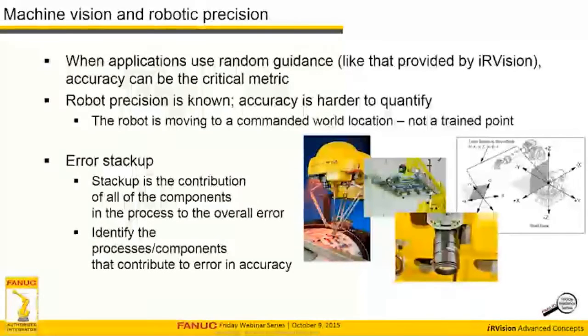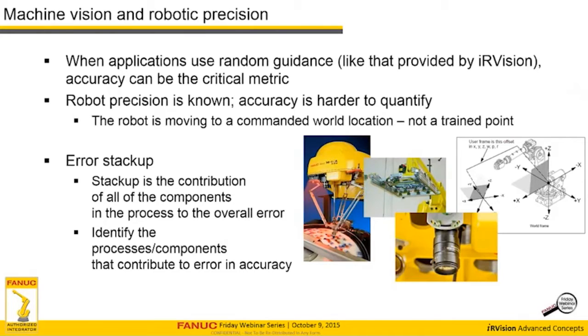However, when we talk about applications that use random guidance, particularly like the guidance provided by iRVision, accuracy can be the critical metric. That means that in a random environment, in a random world, part being in unknown positions, we need to find that part not only precisely, in other words, when it's in the center of the field of view, not just report that it's a certain position in the center of the field of view.